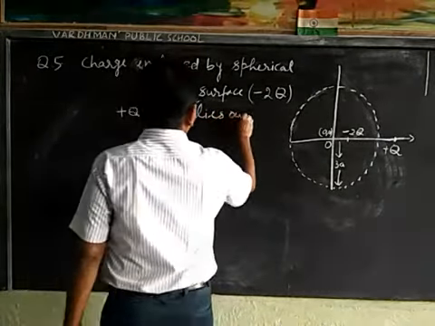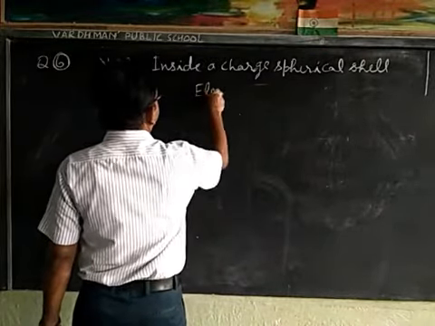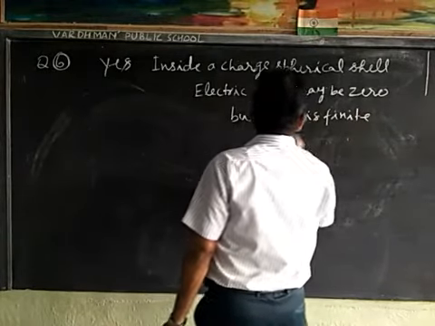Inside a charged spherical cell, the electric field is 0, but there is some finite electric potential.